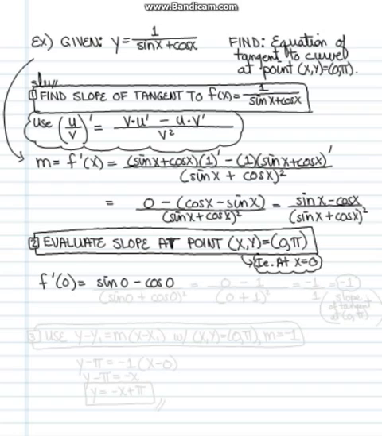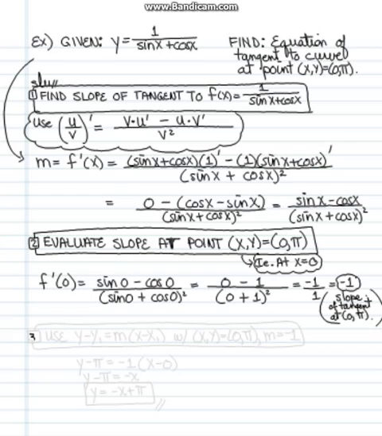It's (sine 0 minus cosine 0) over (sine 0 plus cosine 0) squared. Well, sine 0 is 0 and cosine 0 is 1. So this is equal to (0 minus 1) over (0 plus 1) squared, which is negative 1 over 1, which is equal to negative 1. Negative 1 is our slope of the line tangent to the curve f at the point (0, pi).